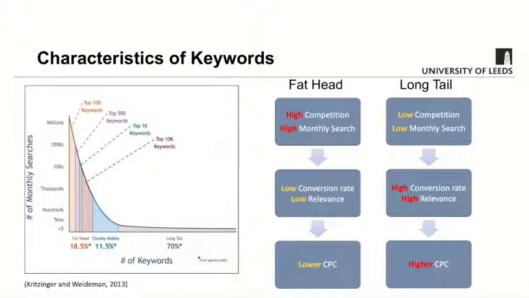Fat head words normally have a high level of competition and monthly search with a low conversion rate. On the other hand, long tail keywords are longer and more specific. Each keyword doesn't receive many searches, but as a group, long-tail keywords make up 70% of overall search. Based on this theory, we have allocated different types of keywords in each ad.